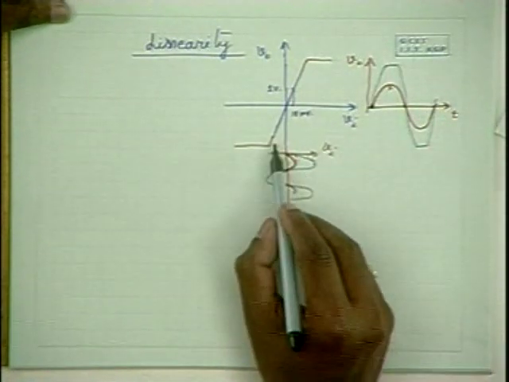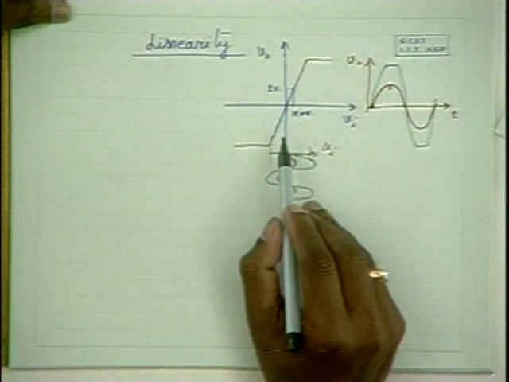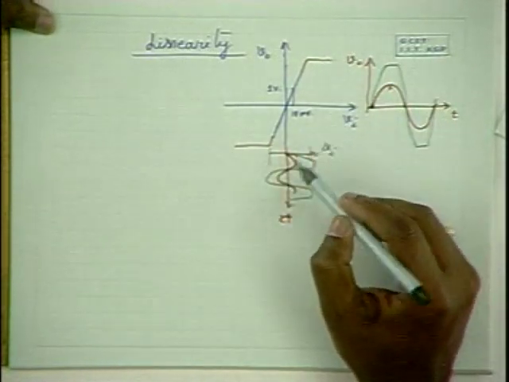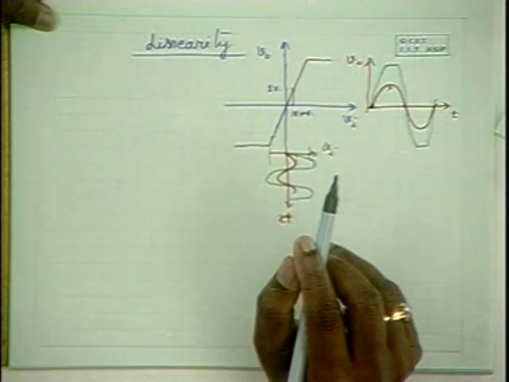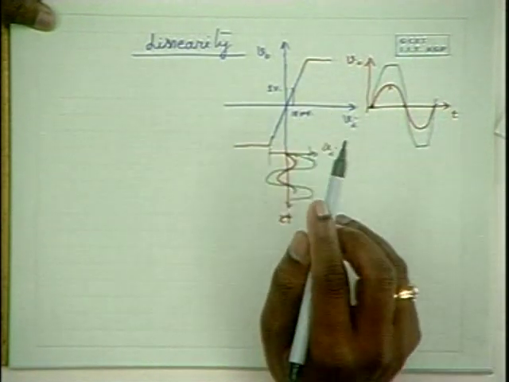Now the question is, can you apply any amount of signal to the input of the amplifier? Please note that the amplifier circuits are made out of transistors. A Q point is selected, and you would like to operate it in the active region, and the sources which we use typically are of the order of 10 to 12 volts.